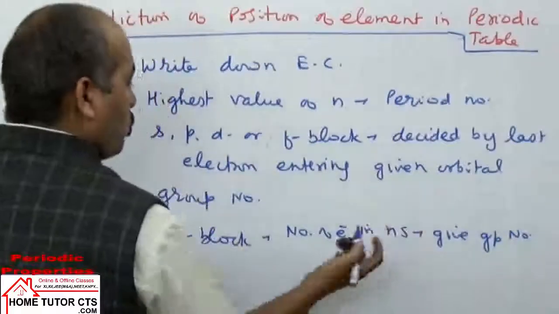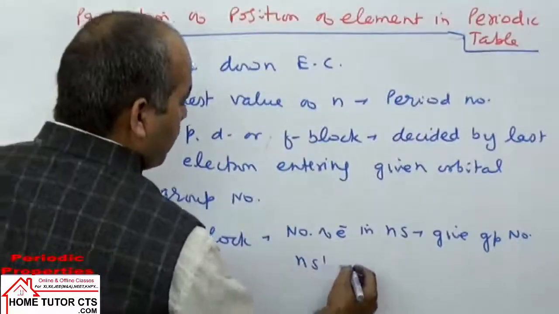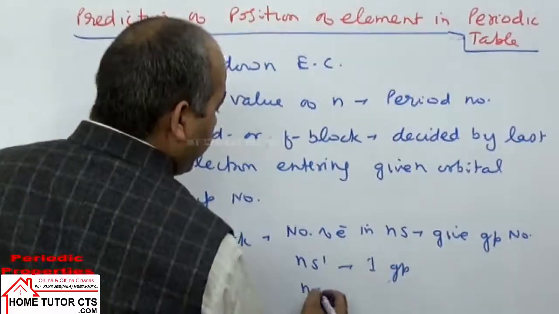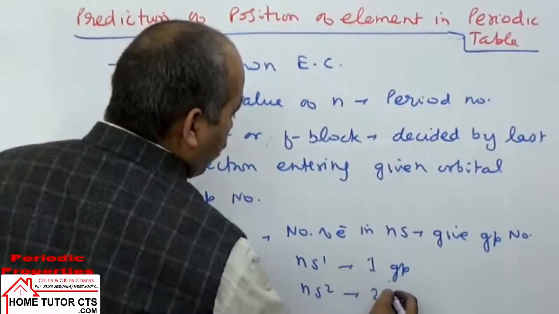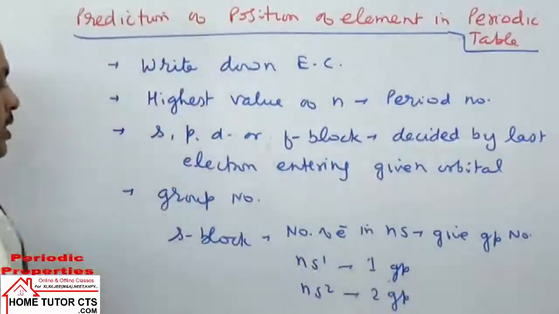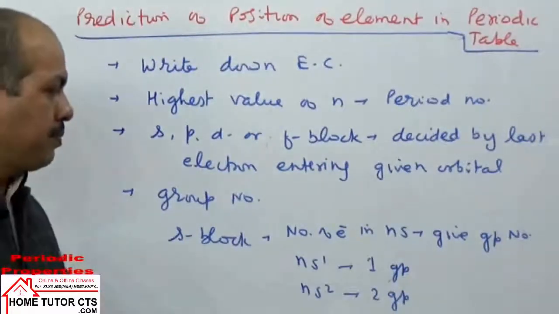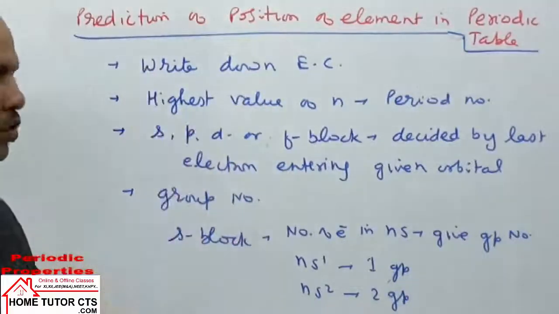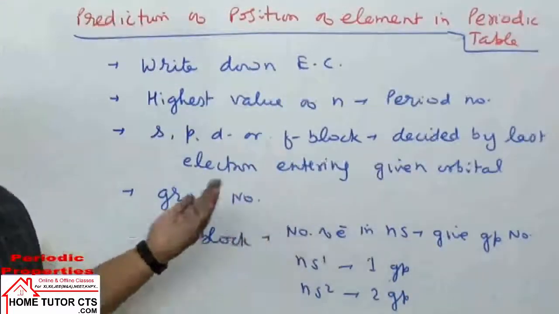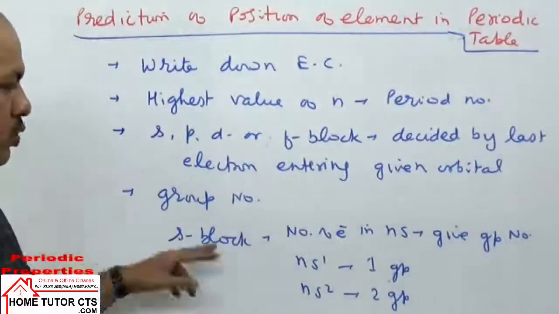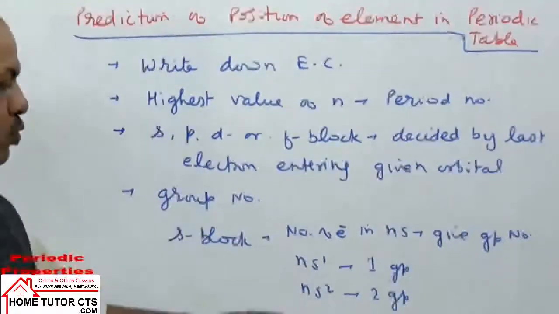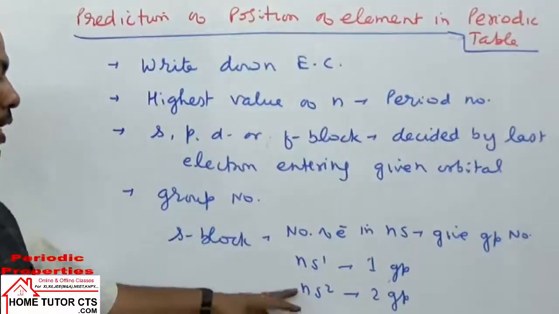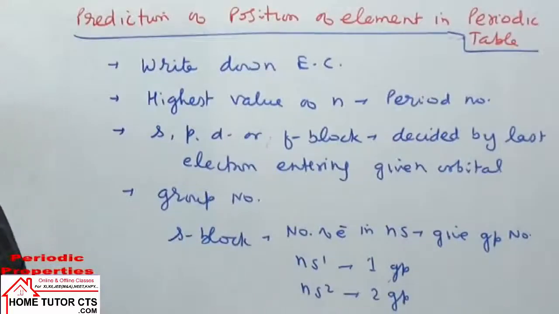We can have two possibilities: ns1 is a first group element, ns2 is a second group element. We only have two possibilities for s block elements, because the s subshell can have only two electrons, and these elements are on the extreme left in the periodic table.